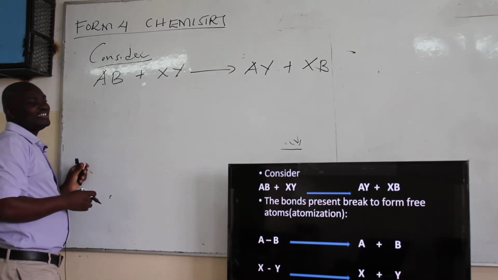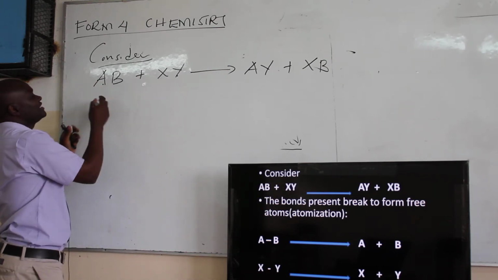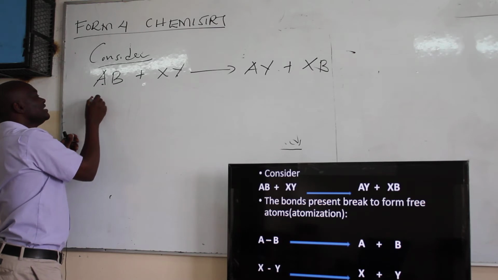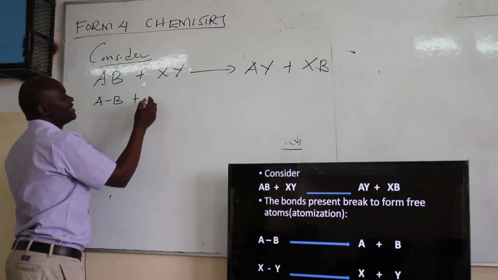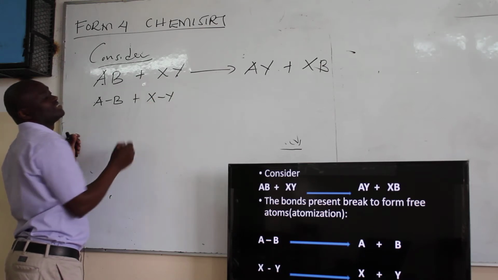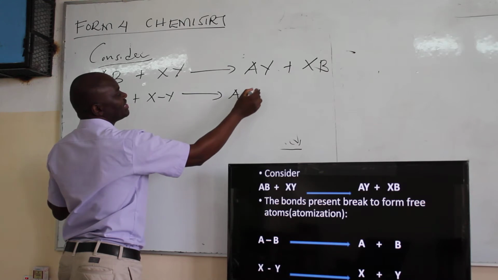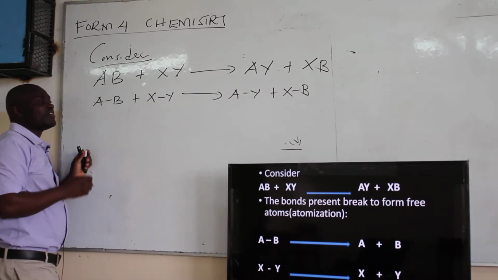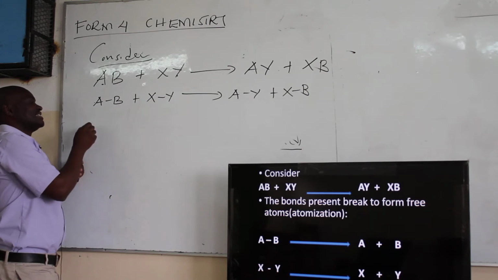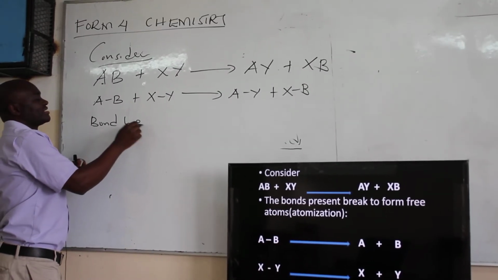Now, the bonds present in AB is the AB bond. The bonds present in XY is the XY bond. Then the bonds present in AY, and then we have XB. The first thing that takes place is bond breaking.